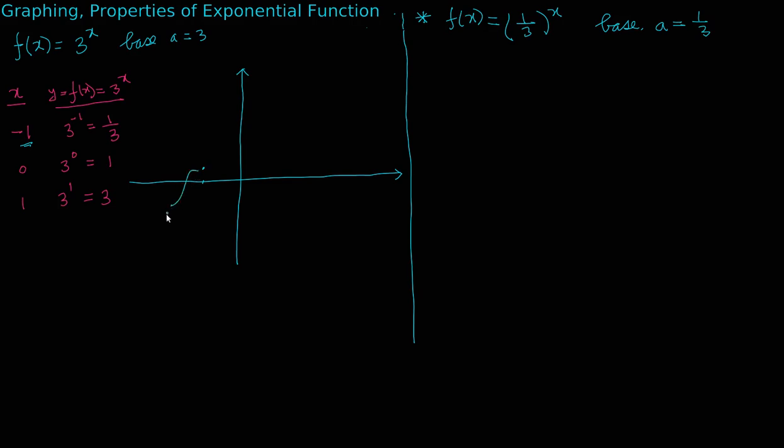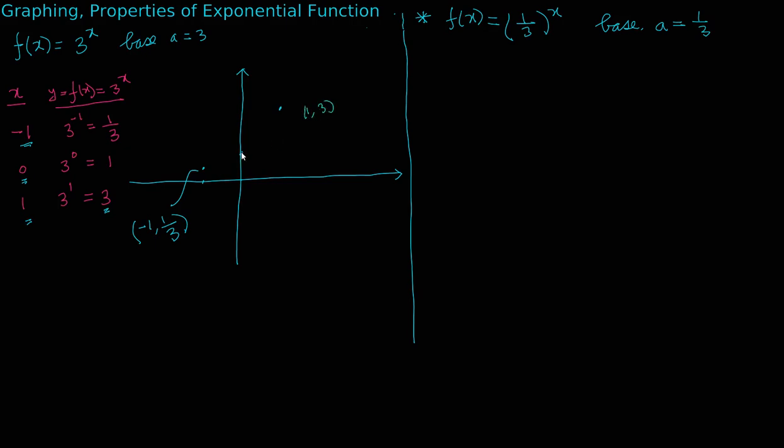This point is (-1, 1/3). The next point is (0, 1), so x is 0, y is 1, somewhere here. And the third point is (1, 3), so x is 1, y is 3.